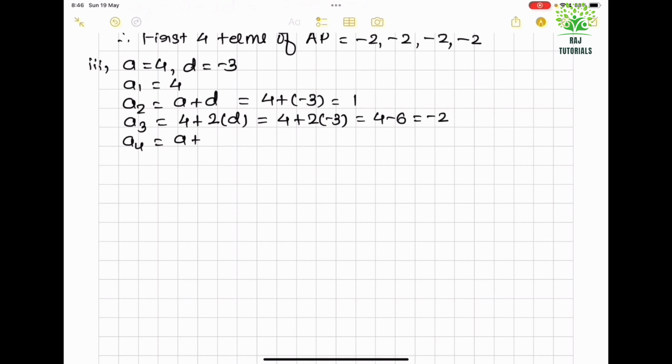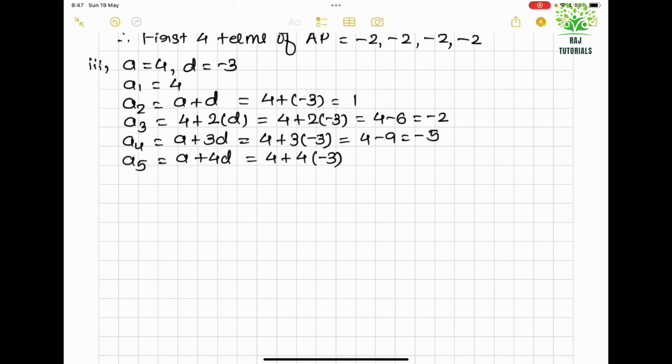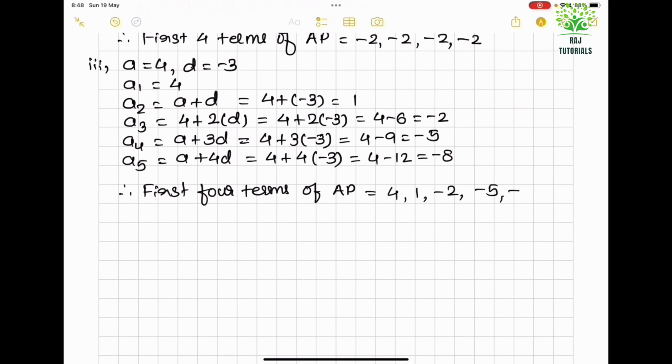A4 is A plus 3D. So that is 4 plus 3 into minus 3, so 4 minus 9, so minus 5. A5 will be A plus 4D, 4 plus 4 into minus 3, 4 minus 12, minus 8. Therefore, first 4 terms of AP will be 4, 1, minus 2, minus 5, minus 8.